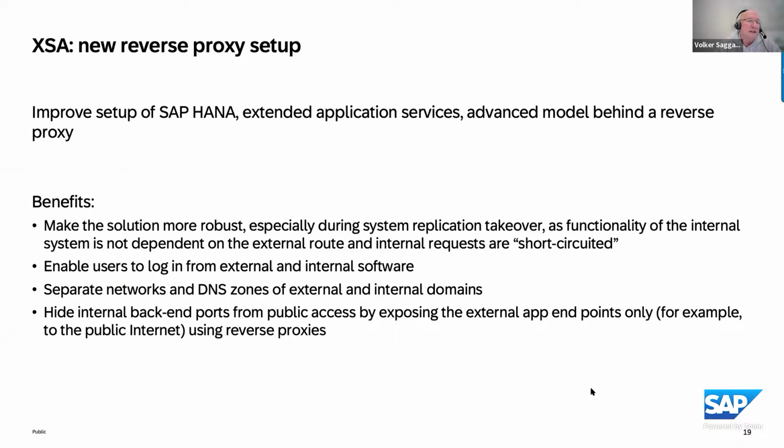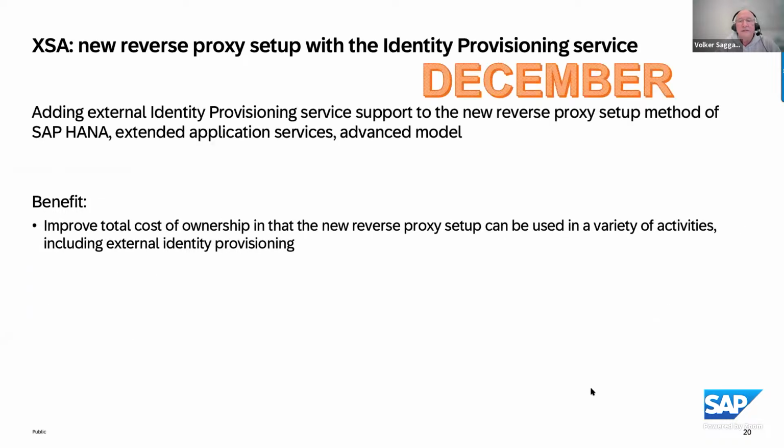Then there are some technical things. So there's a new reverse proxy setup. There is an even upgraded version coming in December. They didn't make it into this version, but it helps you to define DNS and other things. So for the technical installations, I think this is very important to have a safe running environment. As I said, if you want to combine that with identity provisioning, we have to wait until December to see that one come to life.